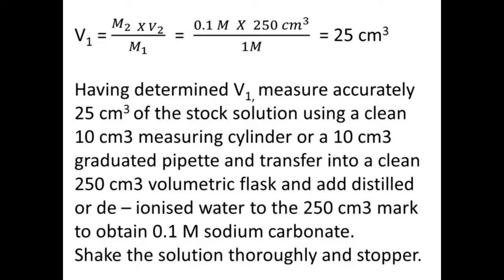Shake the solution thoroughly and stopper. In that way, you have diluted the 1 molar sodium carbonate prepared in experiment 1A. You have succeeded in diluting it to 0.1 molar.